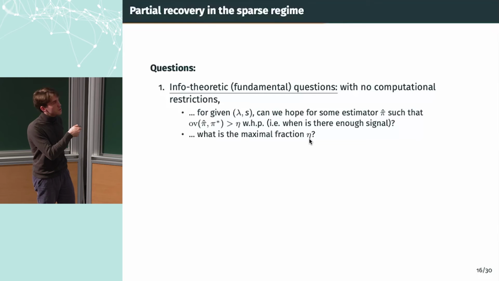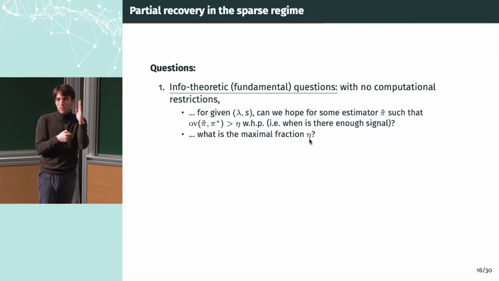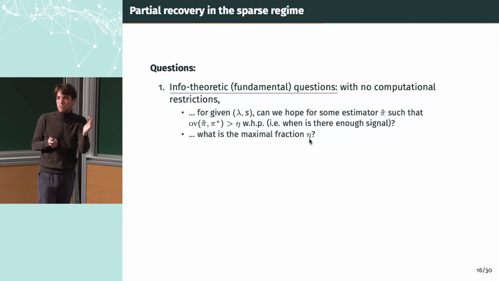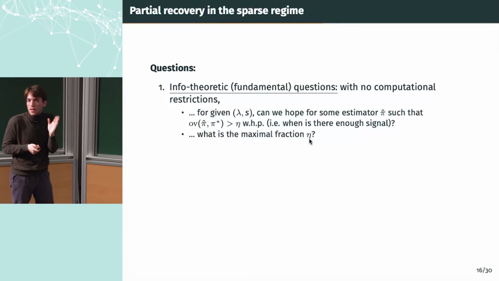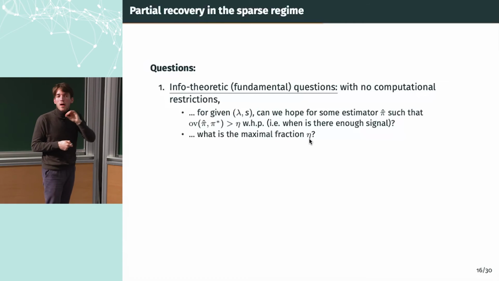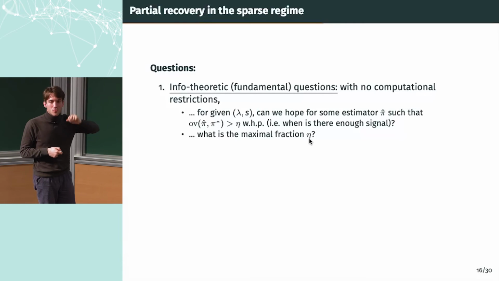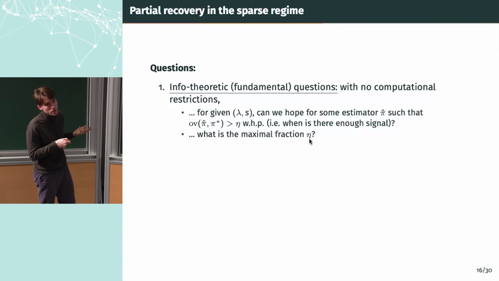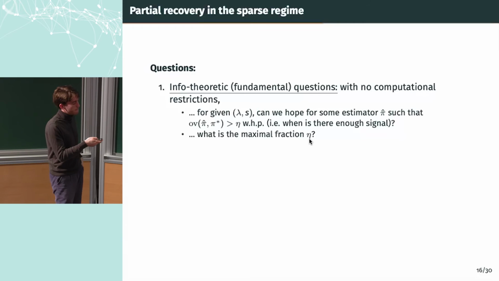This question can be rephrased as, is there enough signal in my data? What's the noise level above which the problem becomes impossible? This is really statistical because I don't care about how to compute my estimator. I just want to find out if there exists one. And of course, what's the maximal fraction in this case that I can hope for?